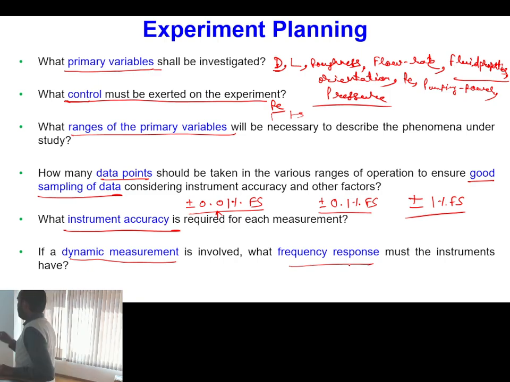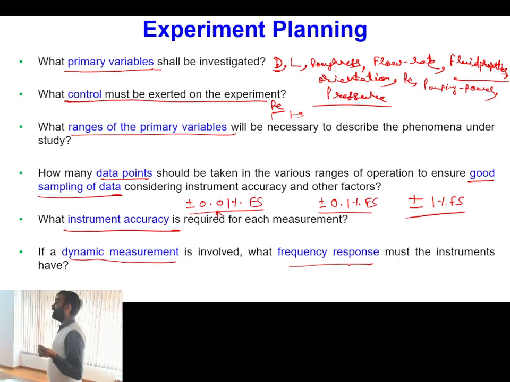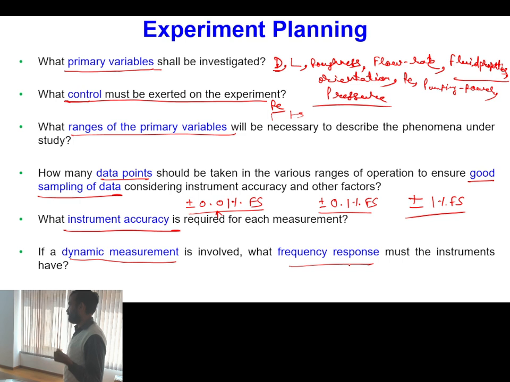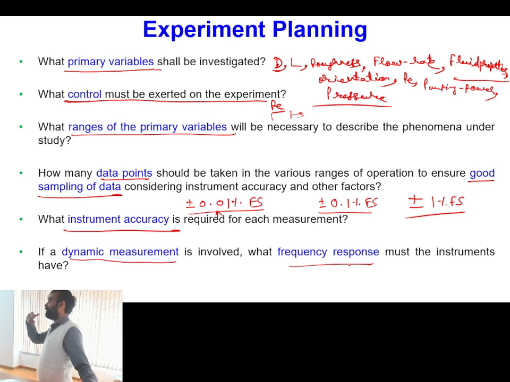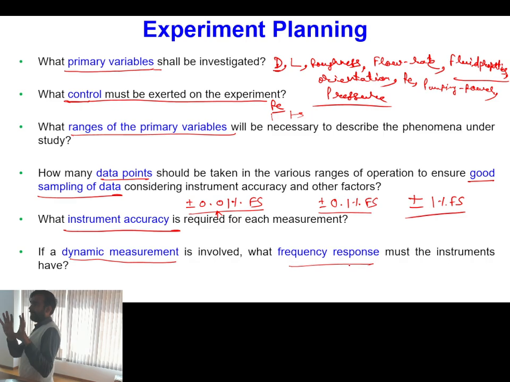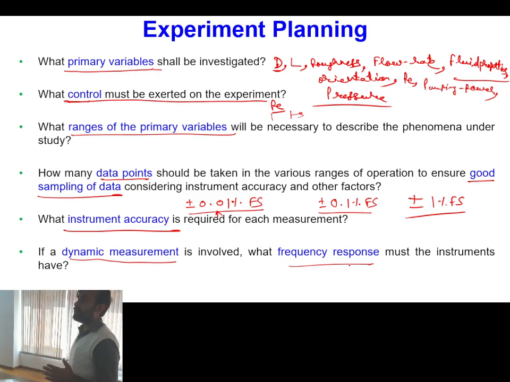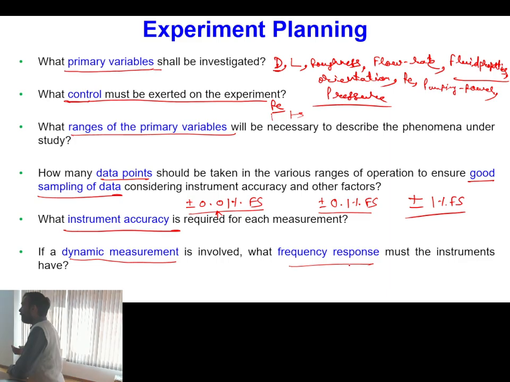For example, if you consider the pressure drop through a pipe, and your interest is only to measure the pressure drop under steady conditions, then the experiment will keep on running for long, and after it has become steady, at that time you can simply take the reading.